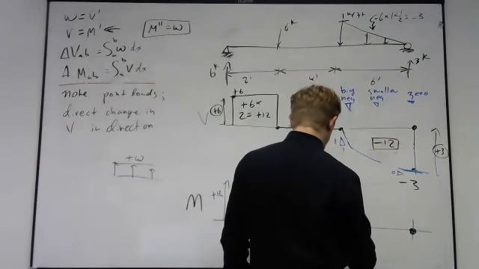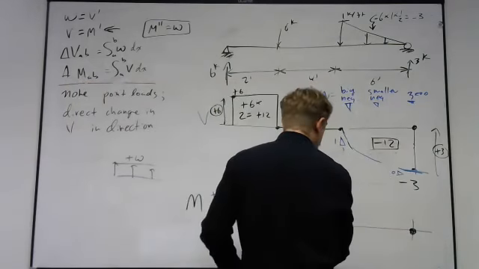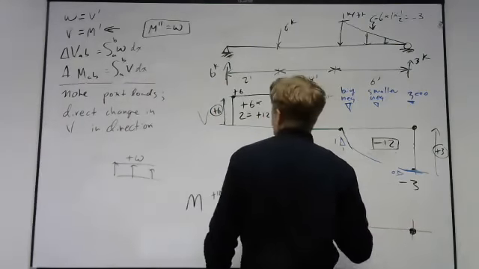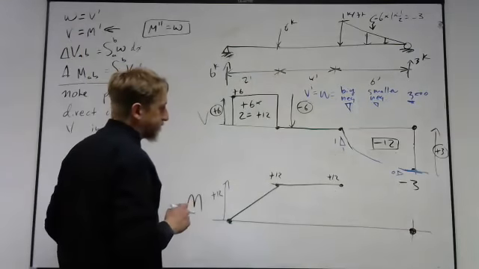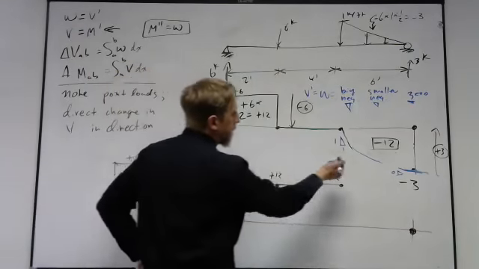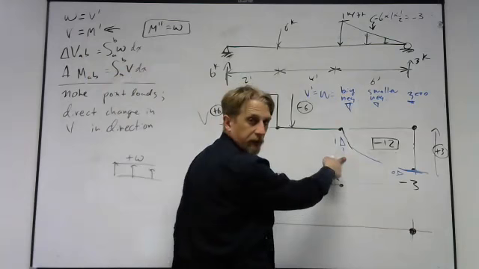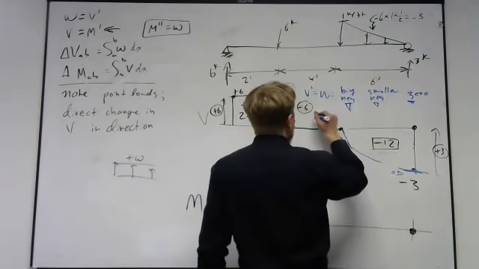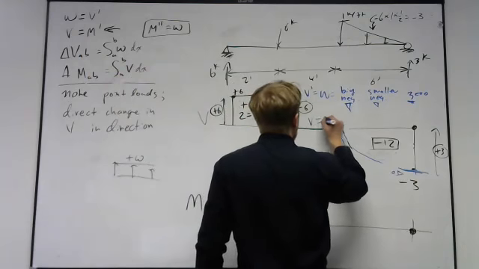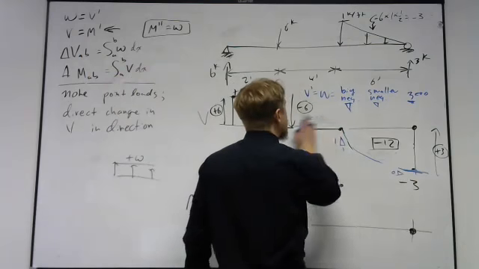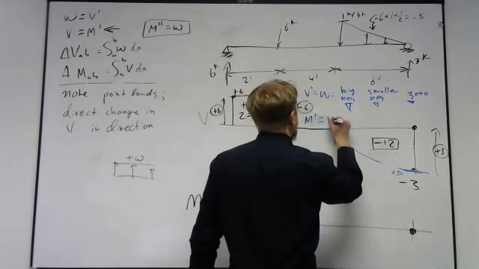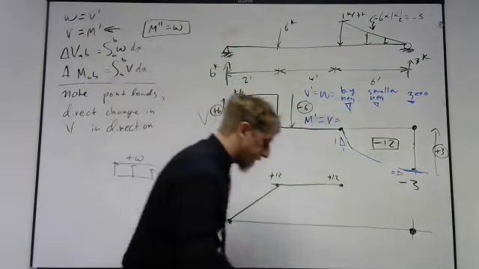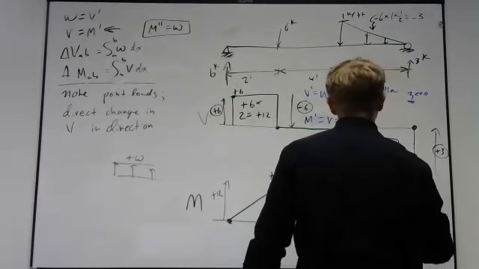Now how do I draw this? Same deal as before. V is the slope of M. V is small negative, bigger negative, bigger negative. V is M prime. I'm going to get rid of this part I just wrote, so it's not confusing.